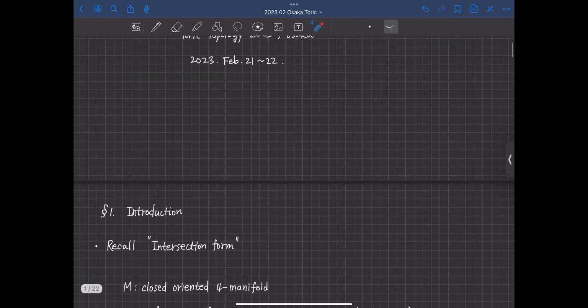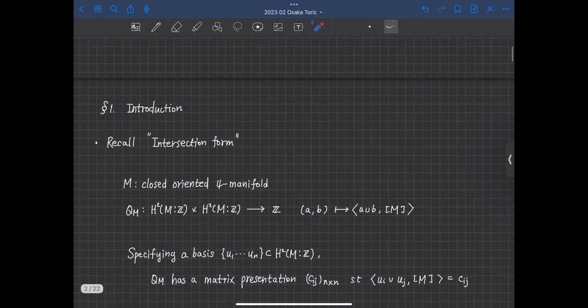As an introduction to my talk, I'd like to begin with a simple basic definition of the intersection form in the theory of four-dimensional manifolds.